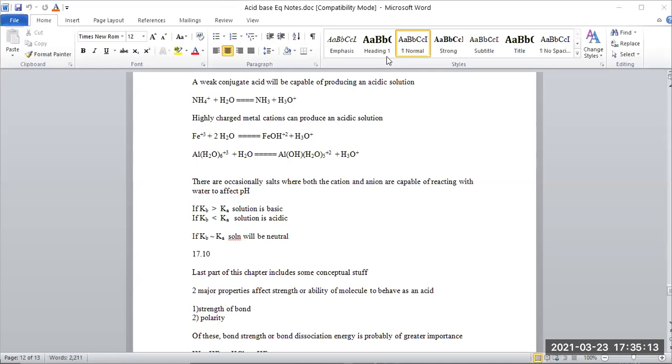The other two that I mentioned a little bit here at the end of class on Thursday last week was highly charged metal cations. Highly charged usually means at least +2, but often means +3. And so I picked on iron and aluminum as two really decent examples for making this work.